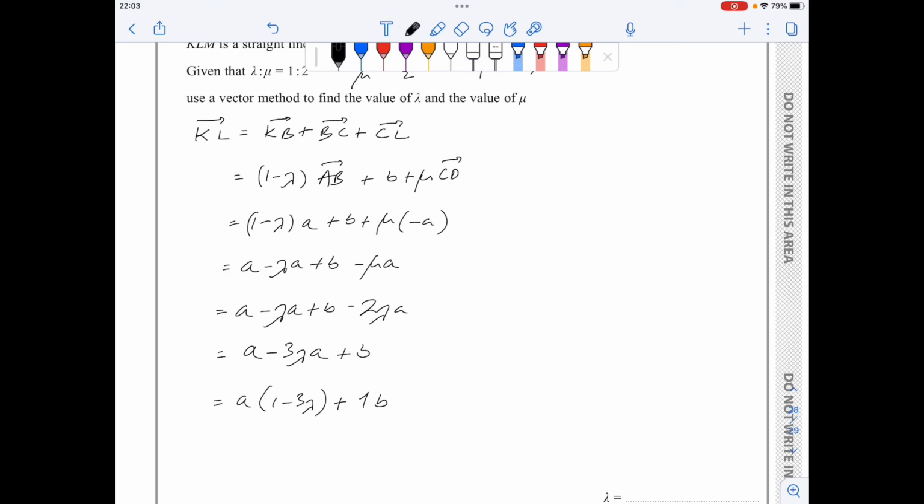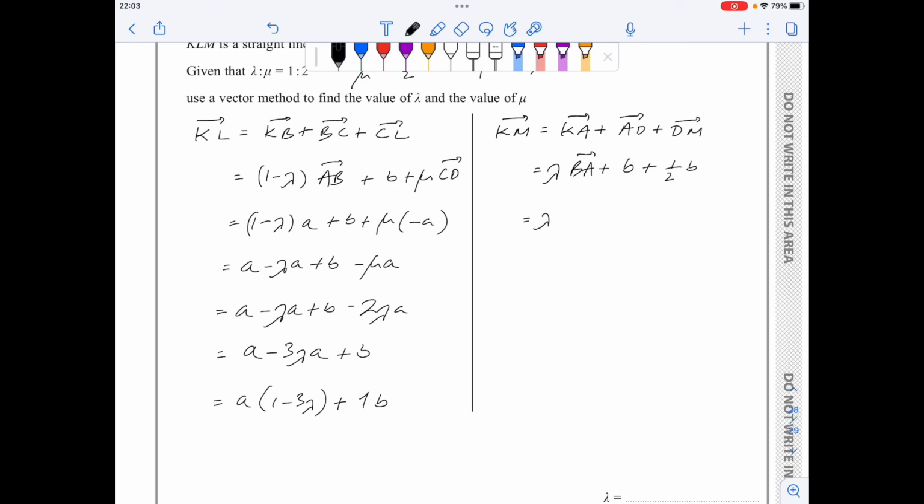Now let's find KM. This is equal to KA plus AD plus DM. KA is lambda times BA plus AD, which is equal to lowercase b, plus DM, which is half of lowercase b.